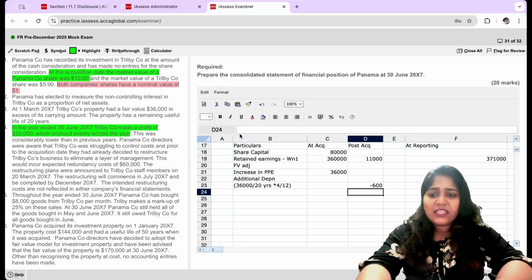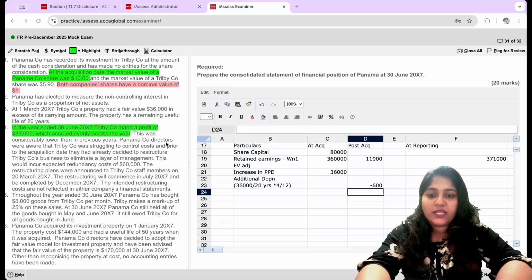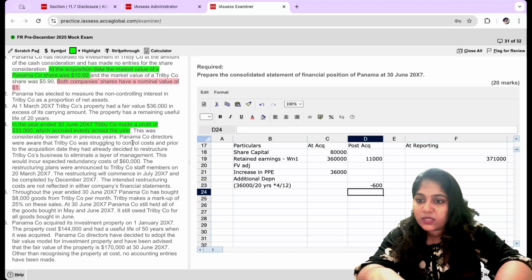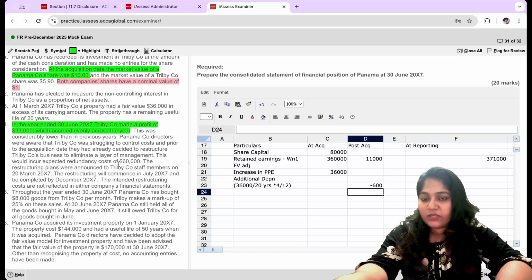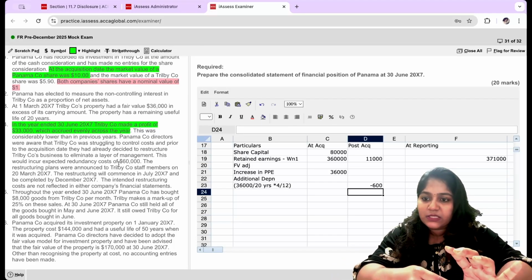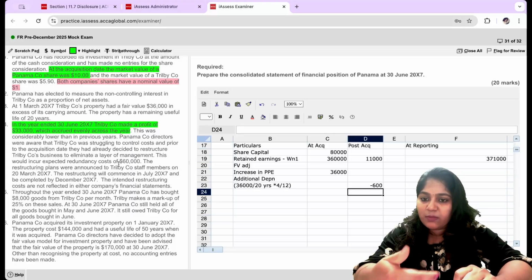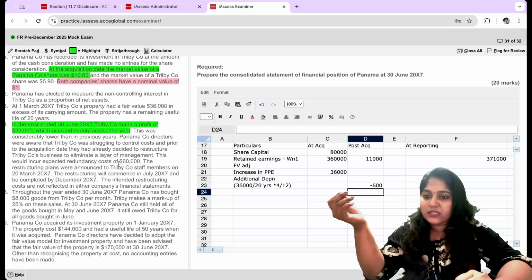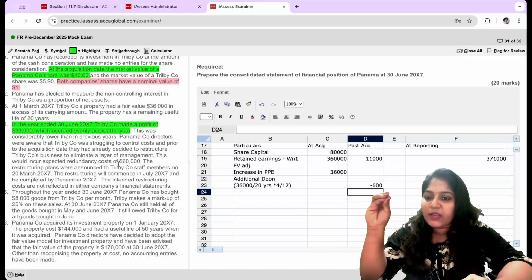Then let's read the next part. What is the next part that is being given? Let's see if there are any other adjustments. This was considerably lower than in previous years. Fine. Panama company directors were aware that Triple E company was struggling to control costs, and prior to the acquisition date, they had already decided to restructure Triple E company's business to eliminate a layer of management.